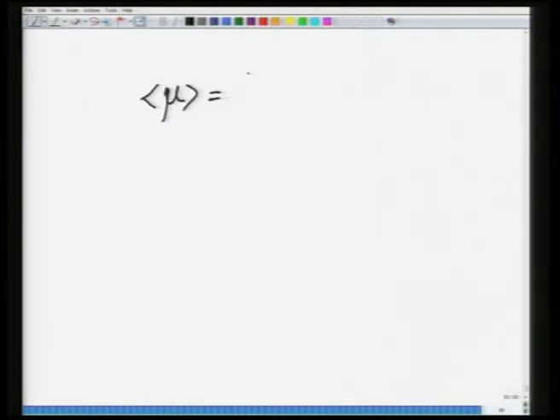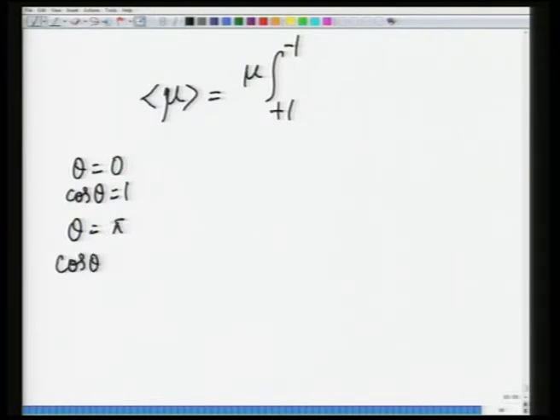If theta changes from 0 to pi, then naturally x will vary from +1 to -1, because if theta is 0 degrees, cos theta is equal to 1, and if theta is equal to pi, x equal to cos theta is equal to -1.